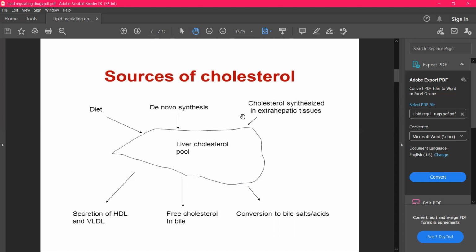So they increase the LDL receptor levels. If there are more LDL receptors, of course there will be more LDL internalization. LDL is the ligand, and it binds to this receptor and gets internalized. So if there is more LDL receptor expressed here, there will be more LDL uptake. If you're clearing LDL, that is the bad cholesterol, you're reducing the cholesterol levels in your body as well.